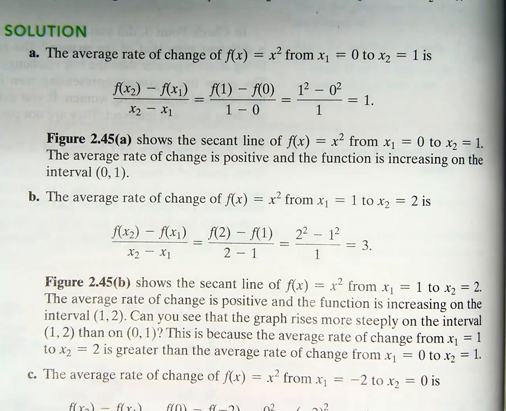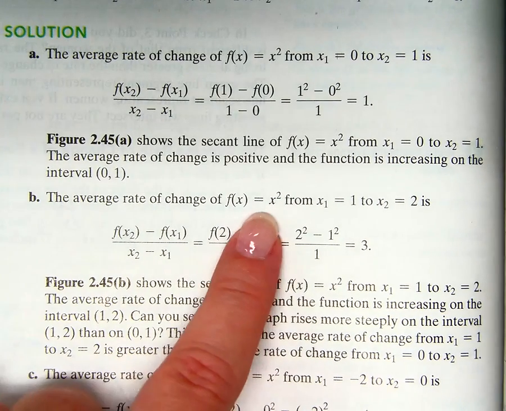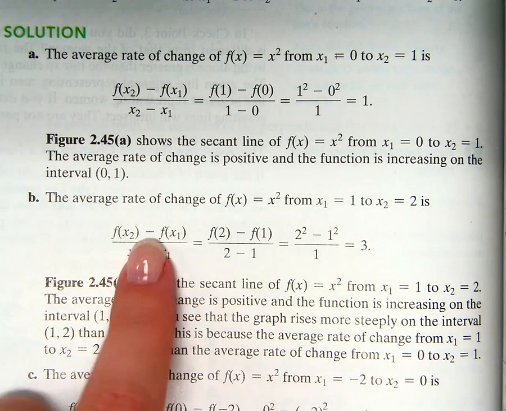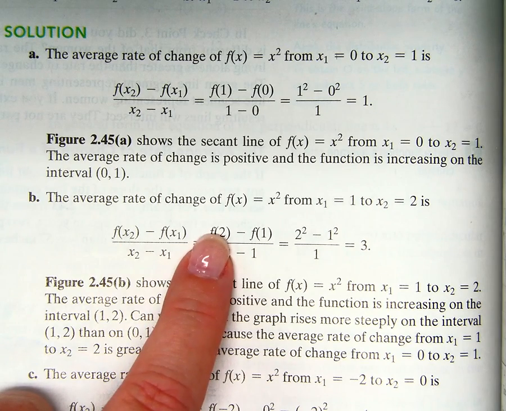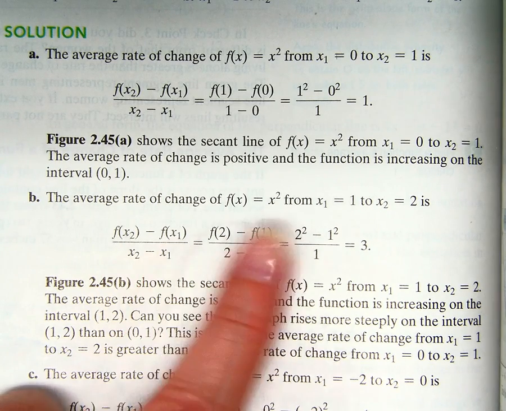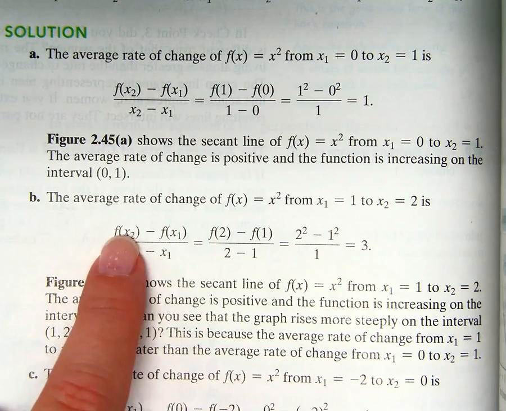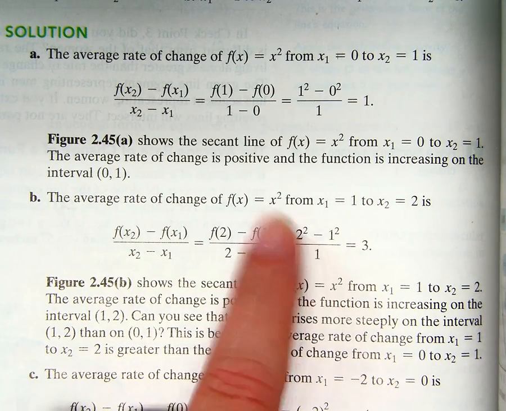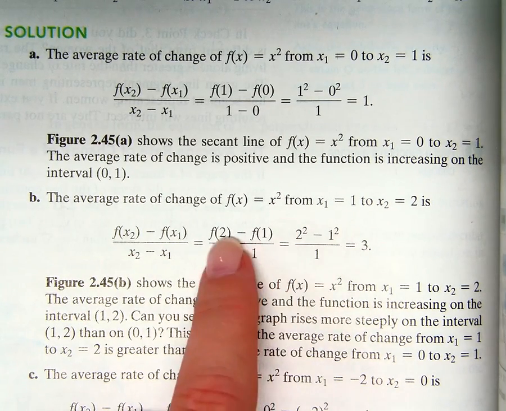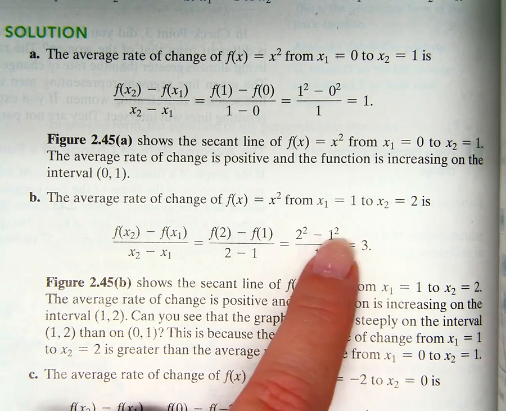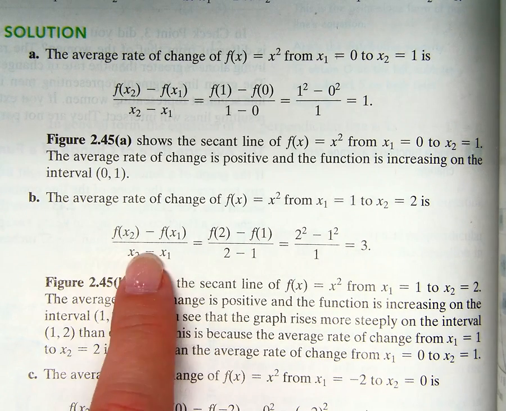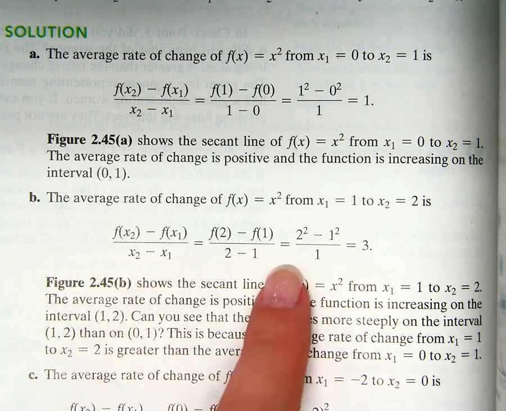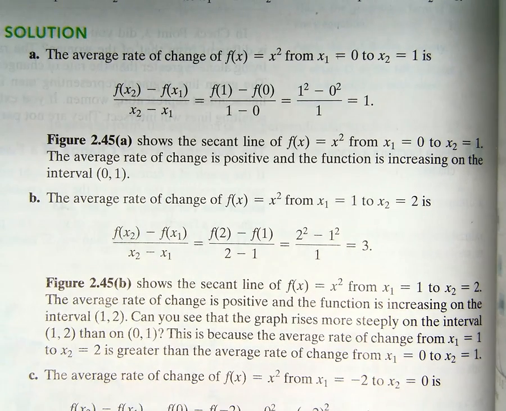So we're finding what's called an average rate of change. We take the function that we're given, plug in 1 to find f of x sub 1, and plug in 2 to find f of x sub 2. So 2 squared is 4, 1 squared is 1, so 4 minus 1 is 3. Plug in the x's, 2 minus 1 is 1, so 3 divided by 1 is 3.